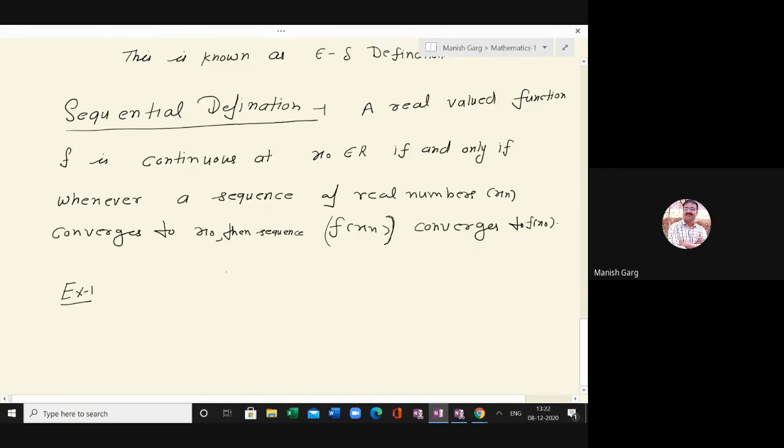Now let us take an example. Define a function, suppose f of x is equal to twice x sine 1 by x if x is not equal to 0, and 0 if x is equal to 0.